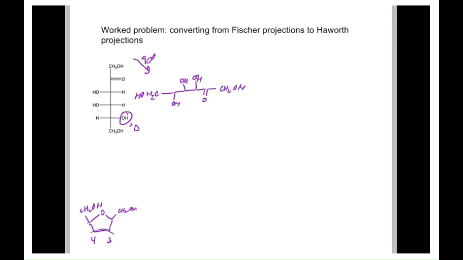Now, carbons 3 and 4 are the ones at the bottom, so we're going to put those at the bottom of our molecule as we bend things up. So there's our carbonyl group, and carbon 3 has its hydroxyl up, carbon 4 is up as well.